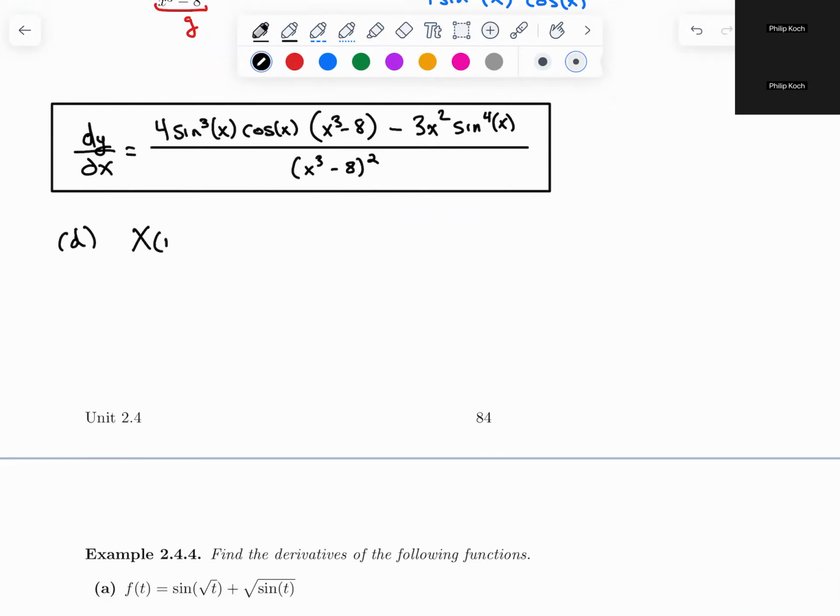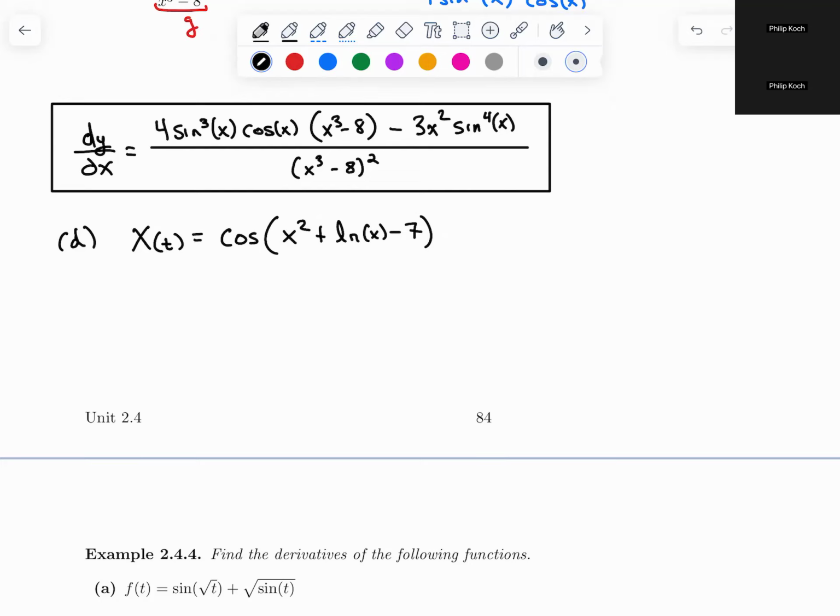X of t, capital X of t is equal to cosine of x squared plus natural log of x minus 7. All right, let's do that.